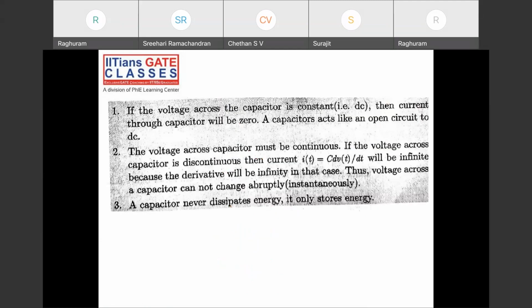So these are the remarks for a capacitor. If the voltage across the capacitor is constant, then current through the capacitor will be zero. That means the capacitor acts like an open circuit for DC. What we have, I is equal to C dV by dt. That means if there is no change in voltage, dV by dt is zero.